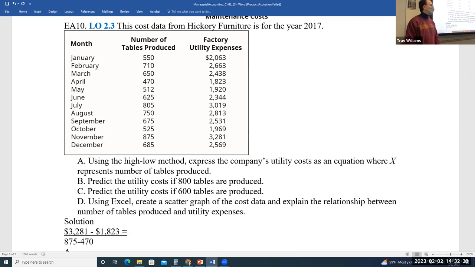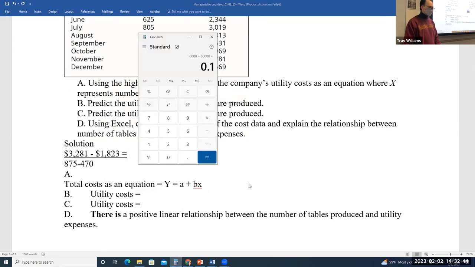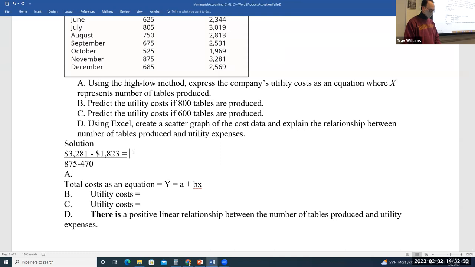Now we have to simplify that. $3,281 minus 1,823 is 1,458. Divide that by, looks like 405. There we go.